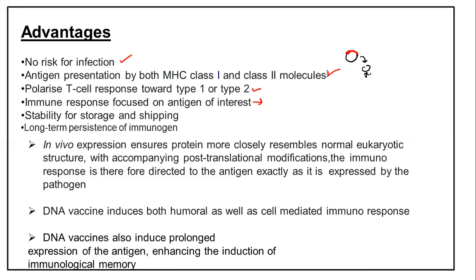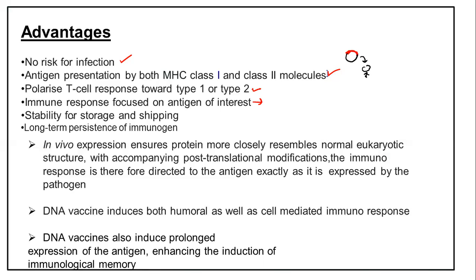That means the immune response will be much higher than other types of response, because there is no modification or change, and as exactly the pathogen expresses on its surface, it will be presented in the host, or generated in the human body, and it will generate the antibody, right?